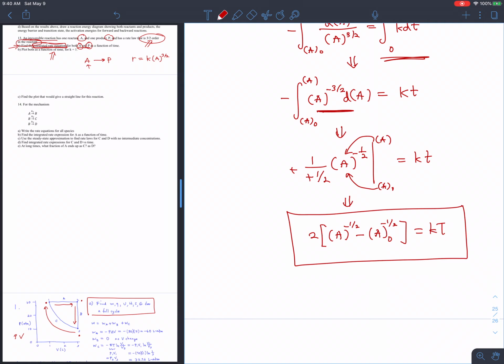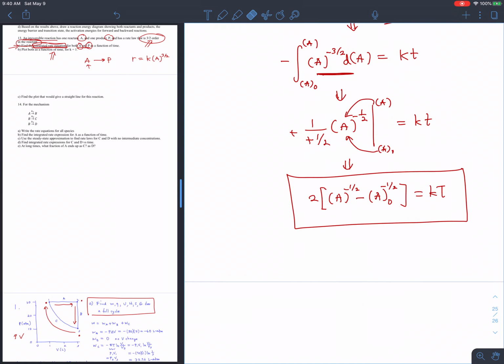That can be considered to be an integrated rate law in its own right. This is the equivalent, for example, of log of A equals log of A0 minus kt for a first order reaction, or 1 over A equals 1 over A0 plus kt for a second order reaction.